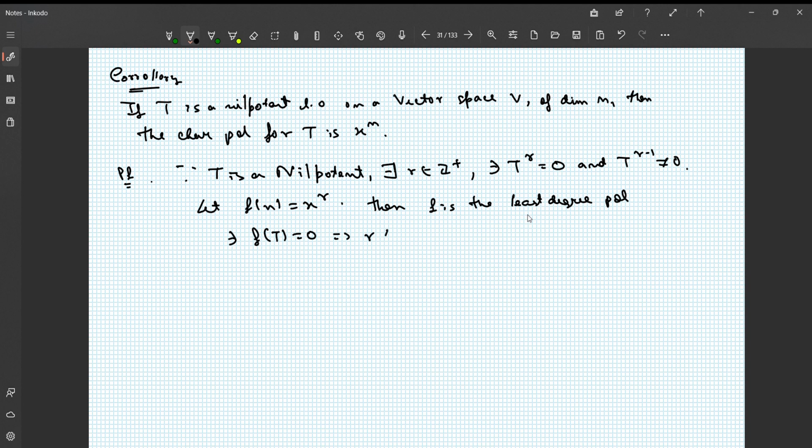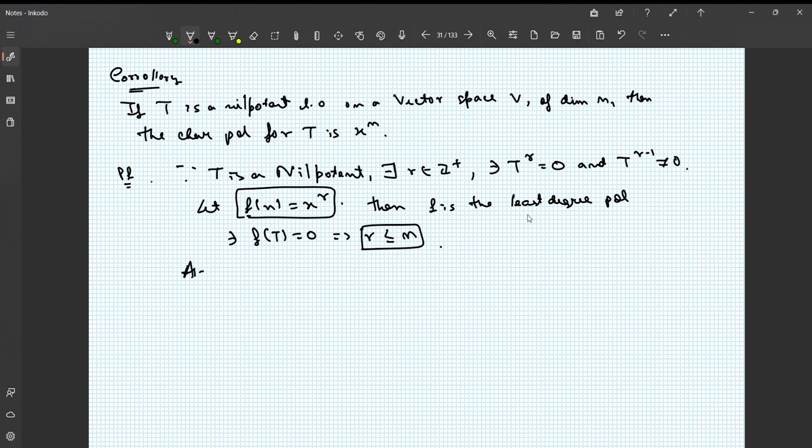By the definition of a minimal and a characteristic polynomial, it's obvious that r must be less than or equal to n. The characteristic polynomial has degree equal to n, and the degree of the minimal polynomial must be less than or equal to n. Now, if r is equal to n, we have nothing to show, right? Because this is indeed the minimal polynomial.